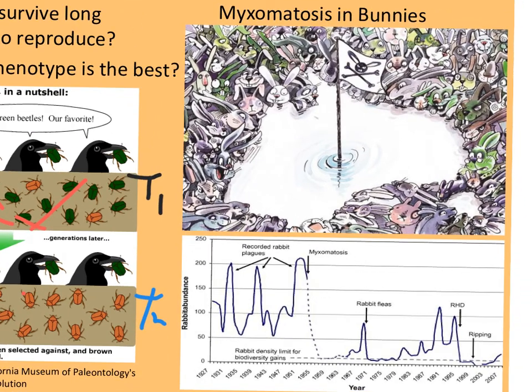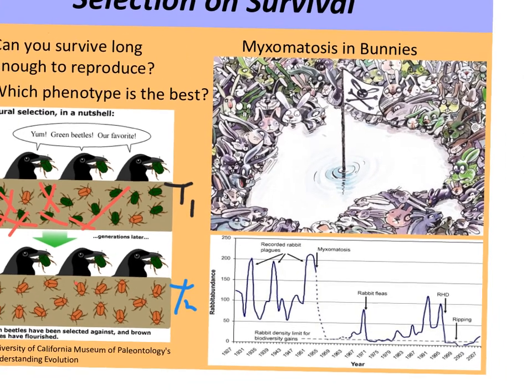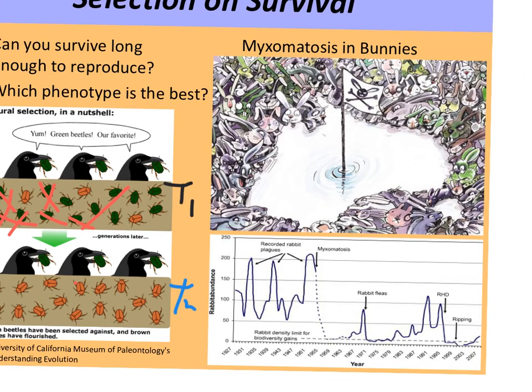Myxomatosis. This is a virus. There were no bunnies or rabbits in Australia prior to the English or other Europeans bringing them. They brought bunnies. The rabbits bred like rabbits. There were tons of rabbits.